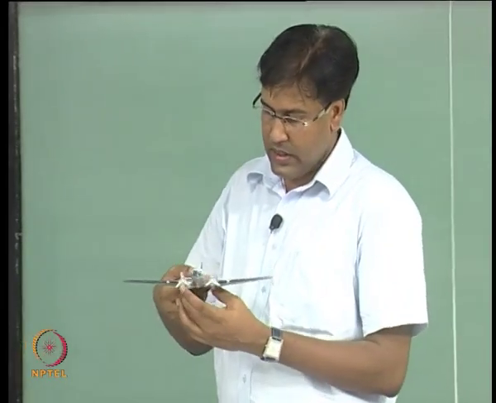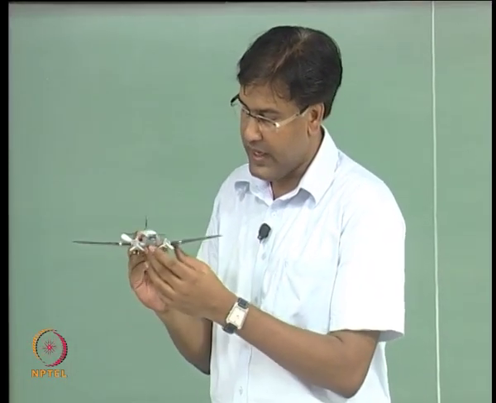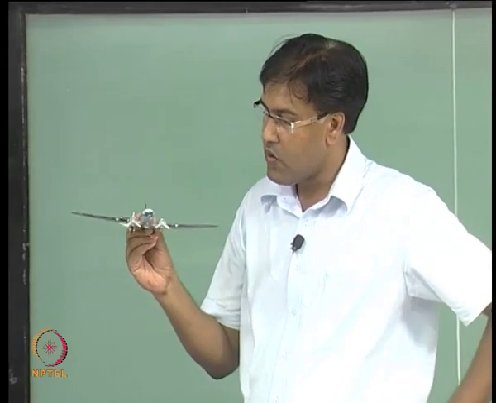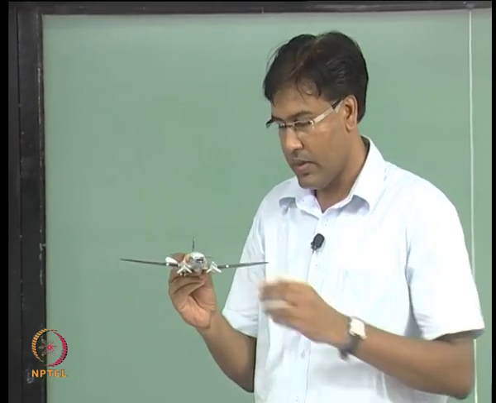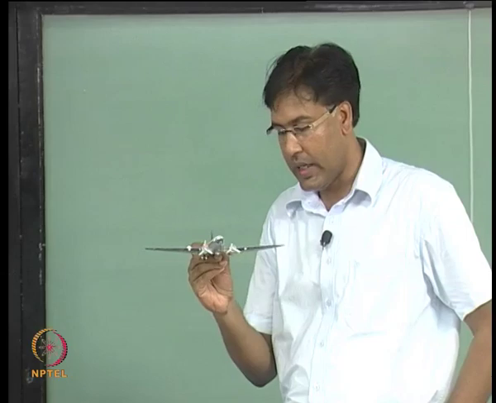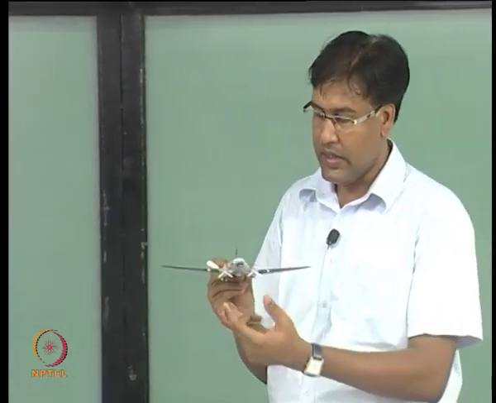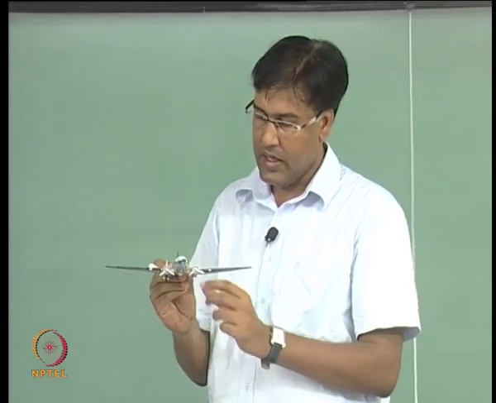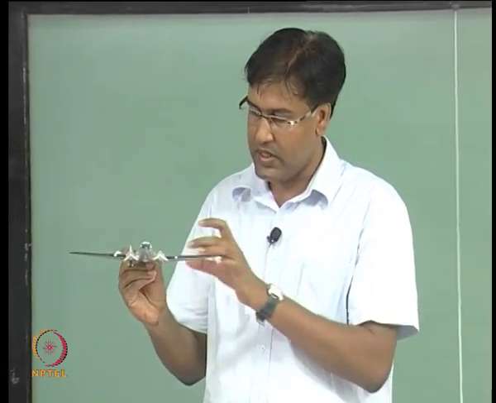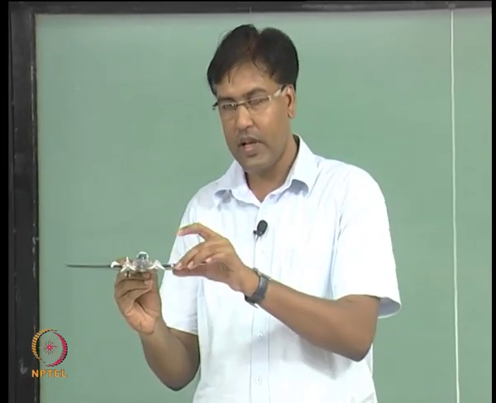Okay, so what I was explaining is you would wonder why these surfaces on the aircraft are located in the way they are located. This wing could have been actually straight, not tapered like this.